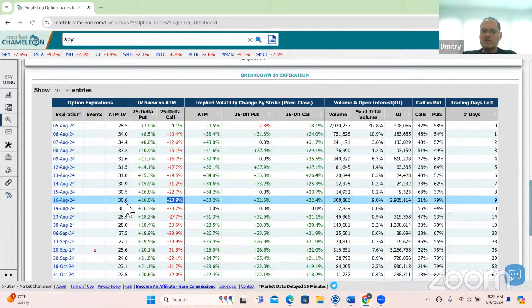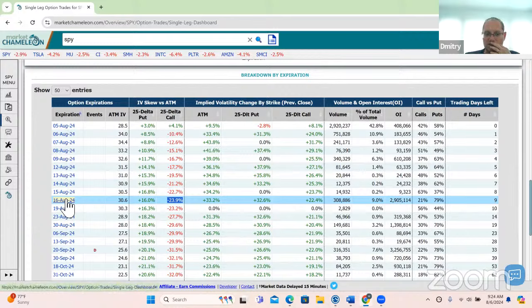So now we have an idea of what the skew looks like: as you go down in strikes, the implied volatility is coming up, and as you go up in strikes, the implied volatility is going down. So far, it looks like it's sloping down faster than it's sloping up to the downside.